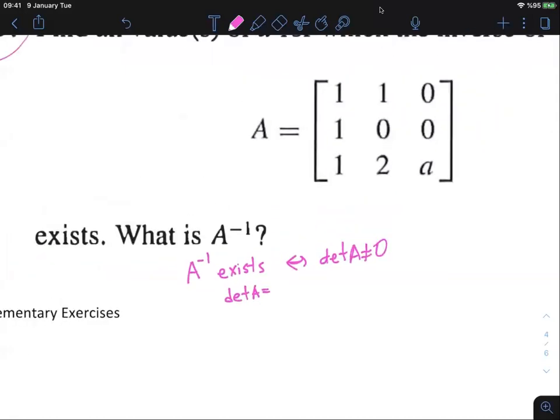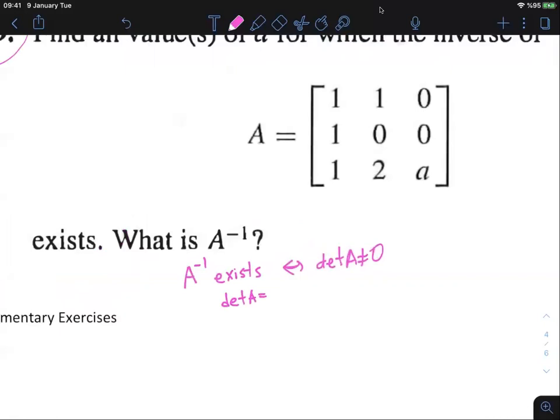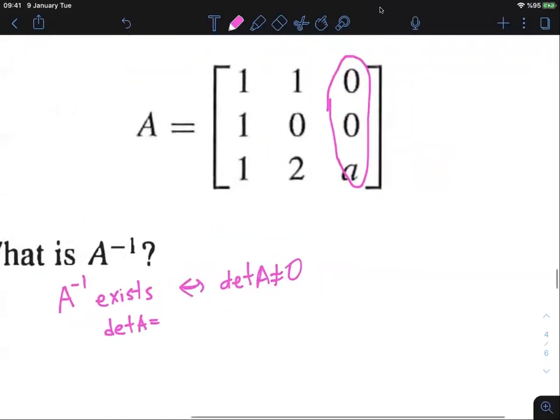How can we compute the determinant of the matrix? There are several ways of doing this. One way is expanding it in a row or column. For example, we can take the third column here. If we expand this determinant in the third column, then we get only one term. This is minus 1 to the power 3 plus 3.